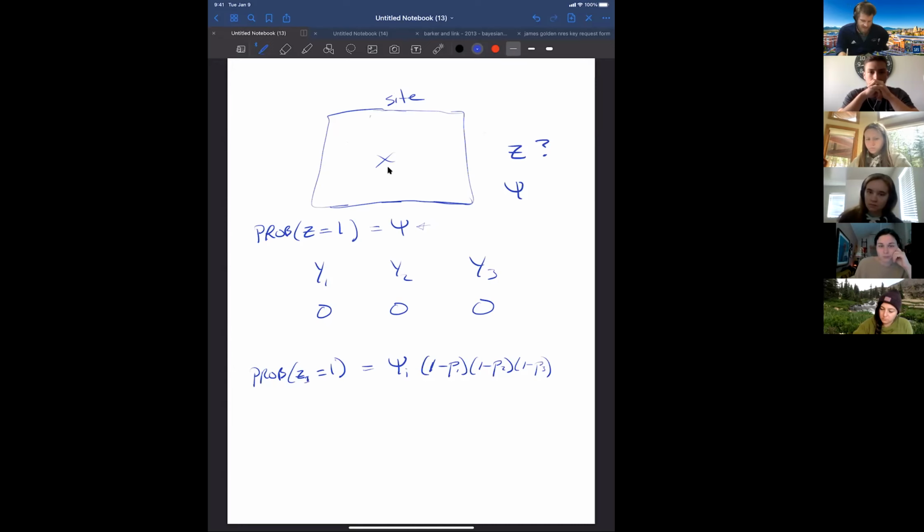So now let's say detection probability was really high. Let's say for all of our sites, about half of them are occupied in general. So half our sites are occupied. We can say psi equals 0.5. And we know that our detection probability for pike is high. If they're there, we usually see them. So something like 0.99.